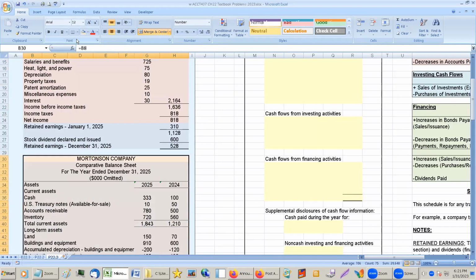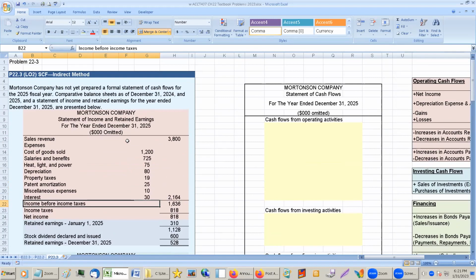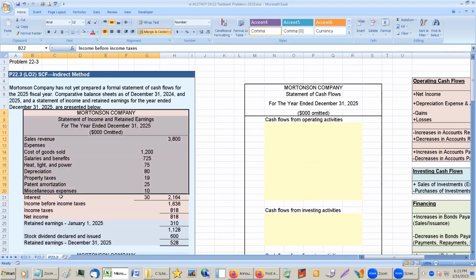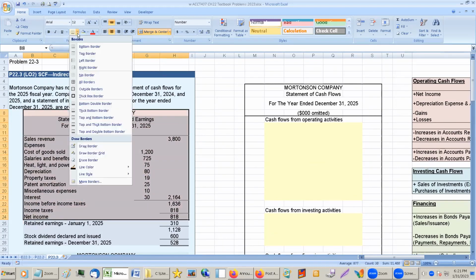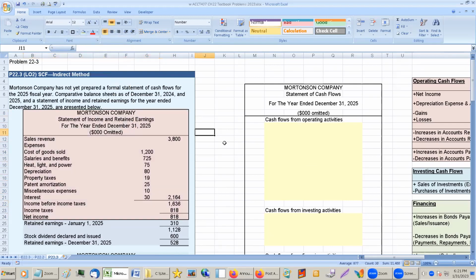Wait a minute, that's too close. There we go. So there is our income statement.